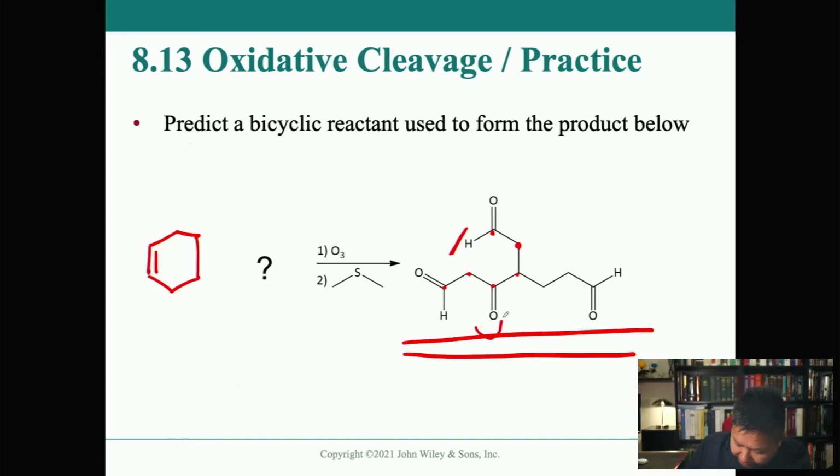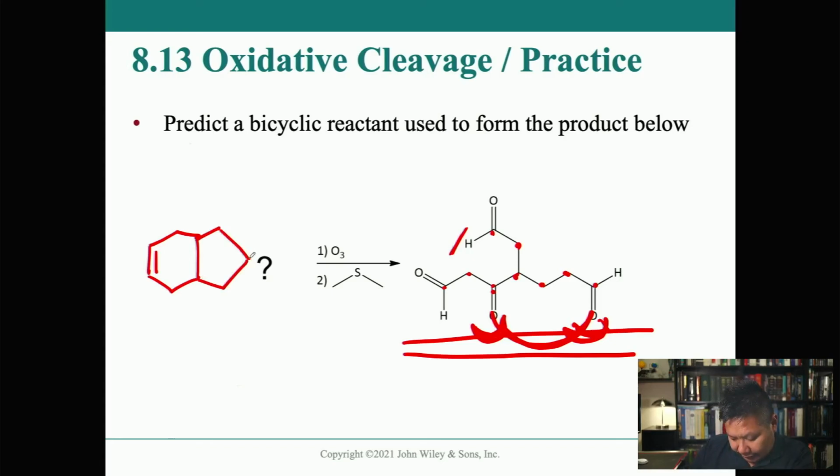Then we have double bonds down here and here. How many carbons are there? 1, 2, 3, 4, 5. And we have oxygens down here, ketones down here. So these used to be connected to each other. So we know then we have a cyclopentane. And where would that double bond be?